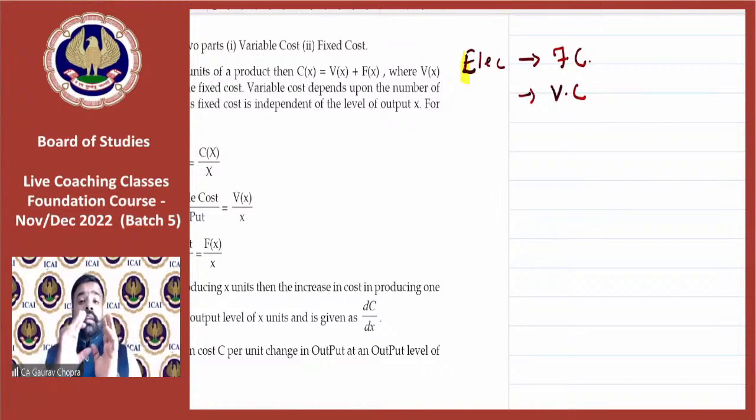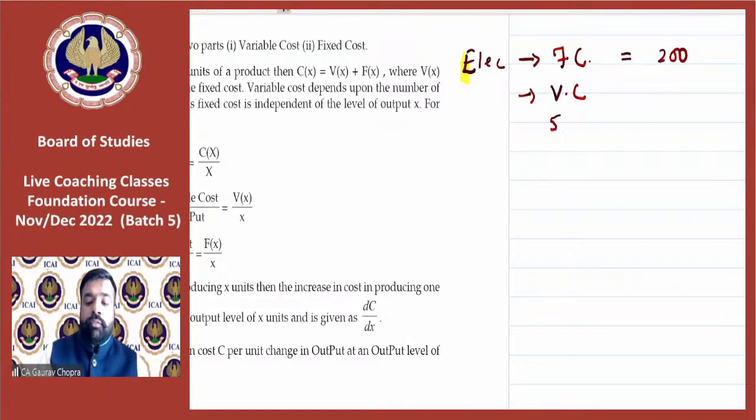Like in a particular month, if we haven't used any single unit, if our consumption of electric units is 0, then also fixed charges will be levied. Let's say 200 rupees is the fixed charges and variable cost is rupees 5 per unit. So if our consumption is 0 also, then we have to pay the fixed charges, that is 200 rupees.